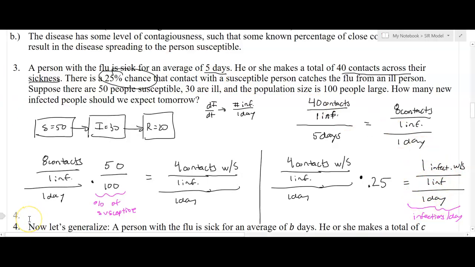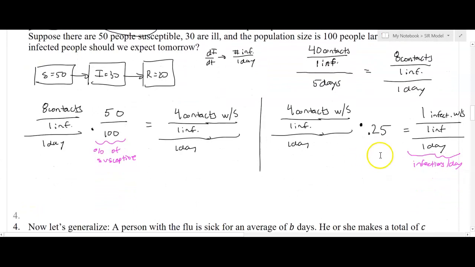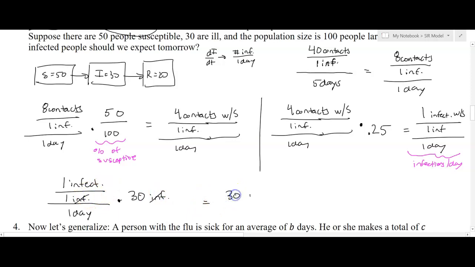Awesome, almost there. So now that we know how many infections each infected person will cause, now there are 30 infected people, so we need to take that rate. We need to take one infection per one infected person per 1 day, multiplied by the number of infected people, which is 30 infected, and those infected units will cancel, and now I have 30 infections per 1 day, which matches my units up here.